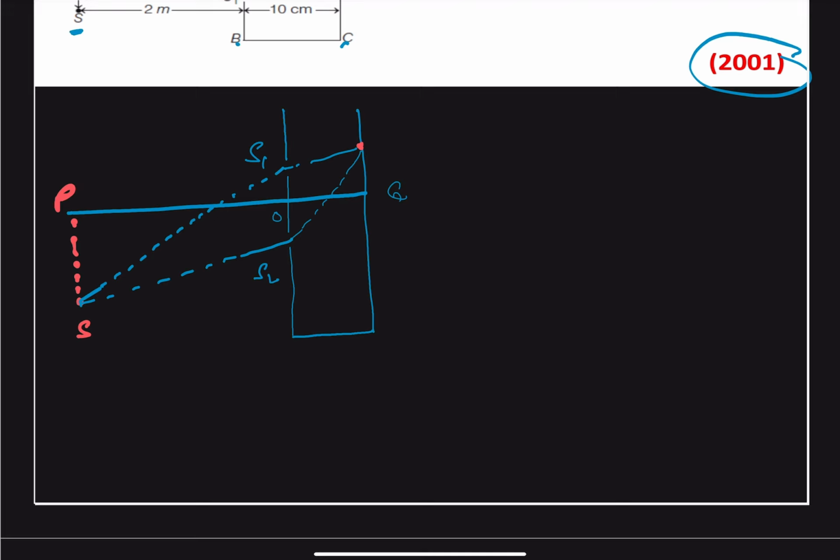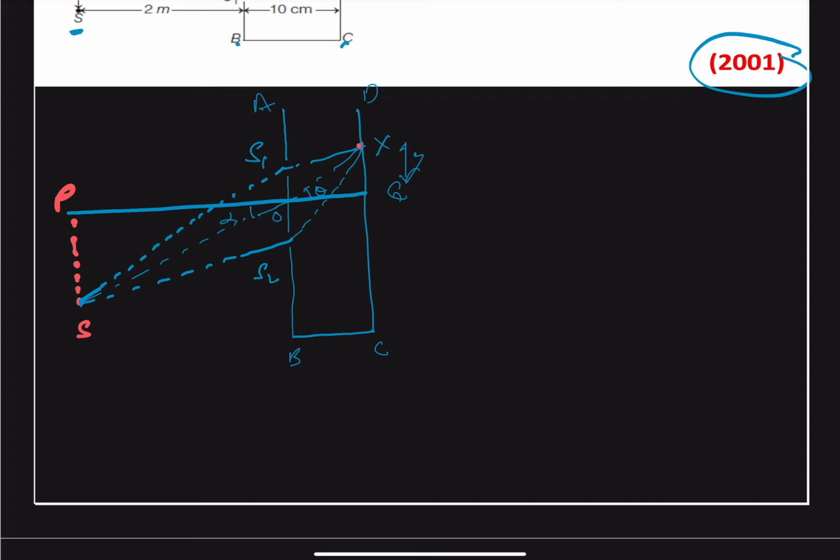So let us call this A, B, C and D. Let us call this X, and it is at a height of Y from the middle line, that is our OQ. And we can draw a straight line joining the point X with this. So let us suppose this angle is our alpha and this angle is our theta.